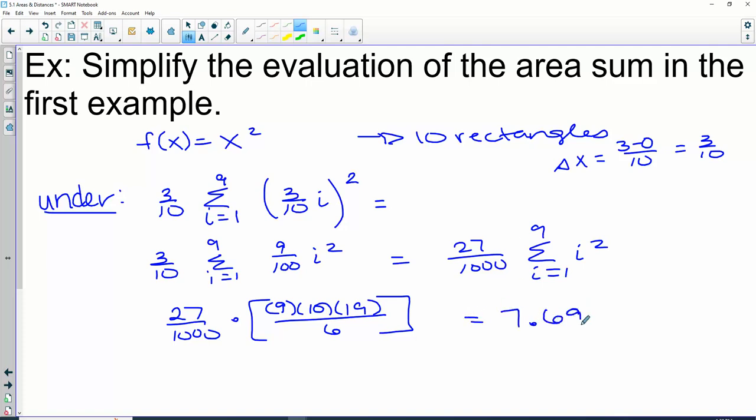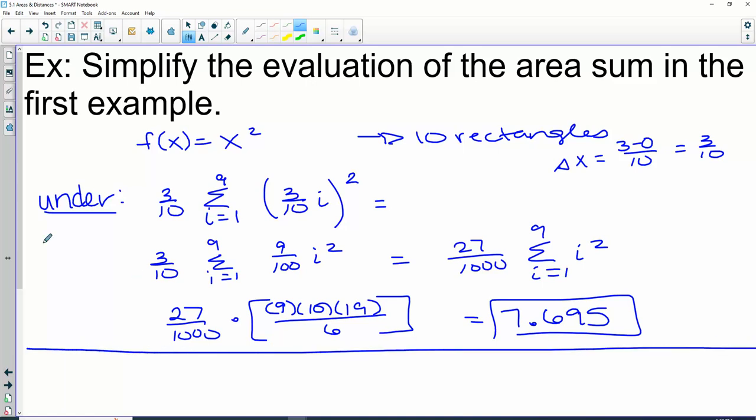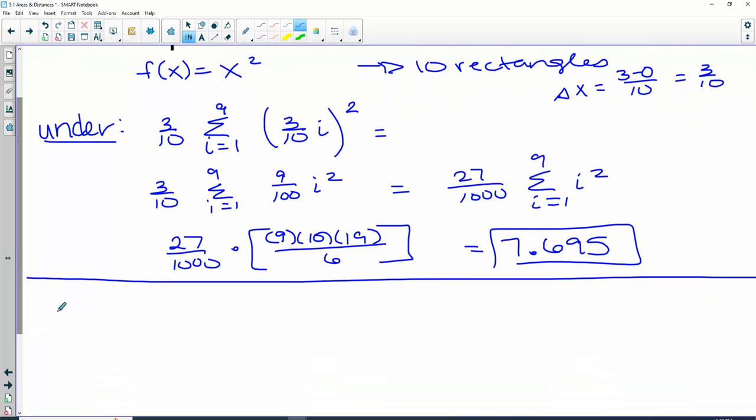Look at your notes from yesterday. What was our underestimate yesterday? 7.695. So it worked. It's hard to come up with the formulas for these, but we're just comparing that to our formulas. So let's do the overestimate.